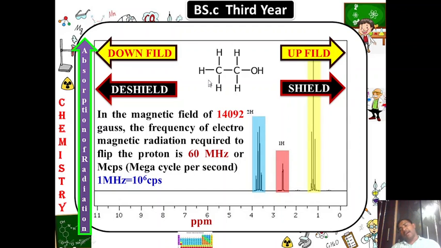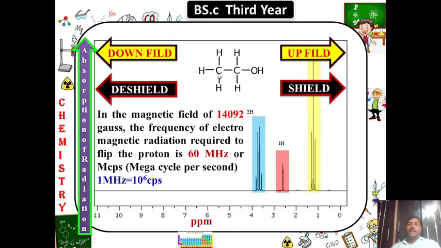Because of these neighboring protons, counted as n plus 1, that is 3 plus 1, 4, a quartet is there. And this is the signal of this carbon, the shielded upfield carbon.